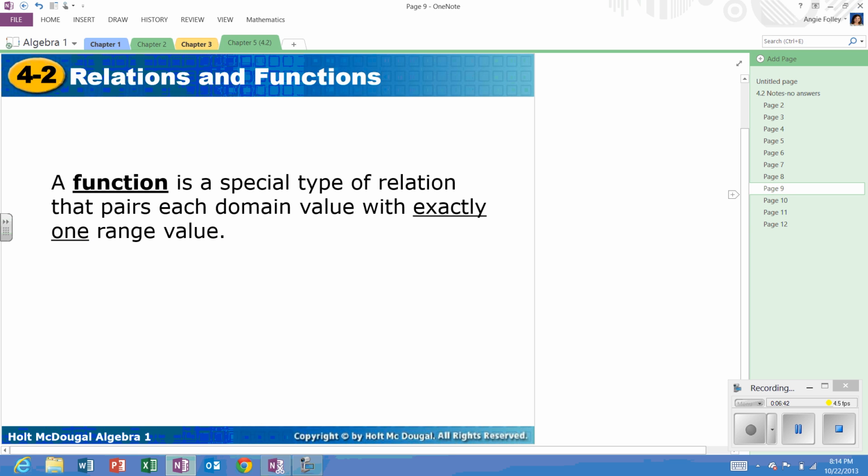Okay, a function is a special type of relation that pairs each domain with exactly one range value. So when we have a function, there are no repeating x values, meaning I cannot have an x value that has two different y values, okay?